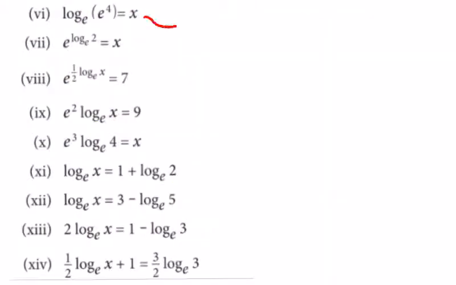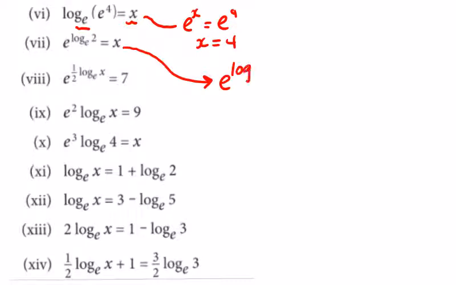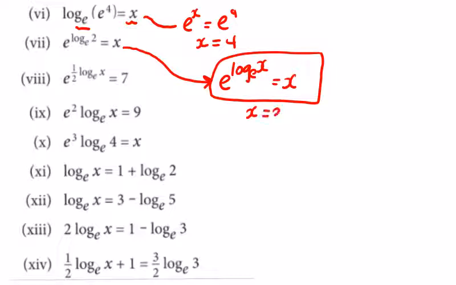Number 6, we have e to the power of x is equal to e to the power of 4. So you just have x equals 4. In this one here, we need our knowledge of e to the power of the log of x to the base e is equal to x. So we just need to write out x is equal to 2. Just your knowledge of the rules.